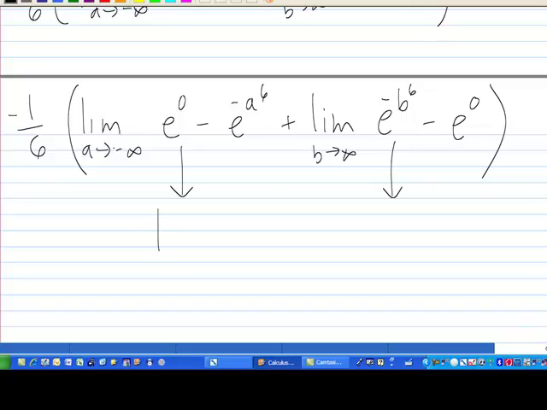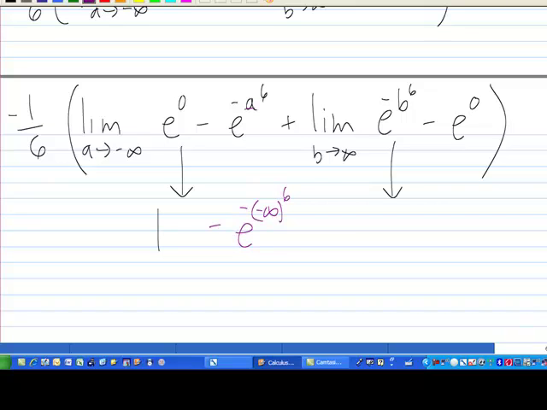If we take negative infinity and plug it in for a, now if we look at that very carefully, it's going to look like negative e to the negative infinity to the sixth. You take a negative number, raise it to an even power, it's going to become positive.